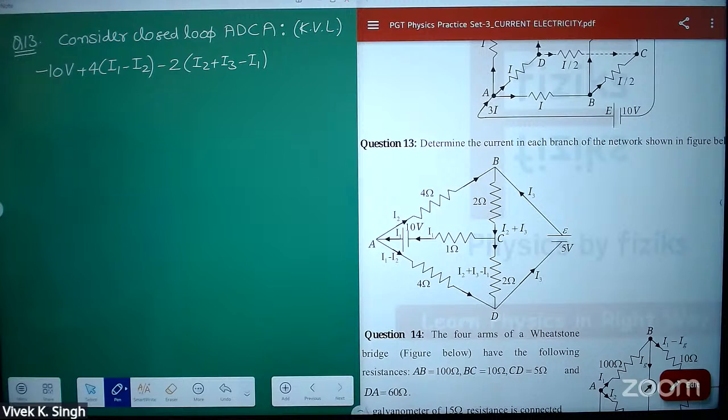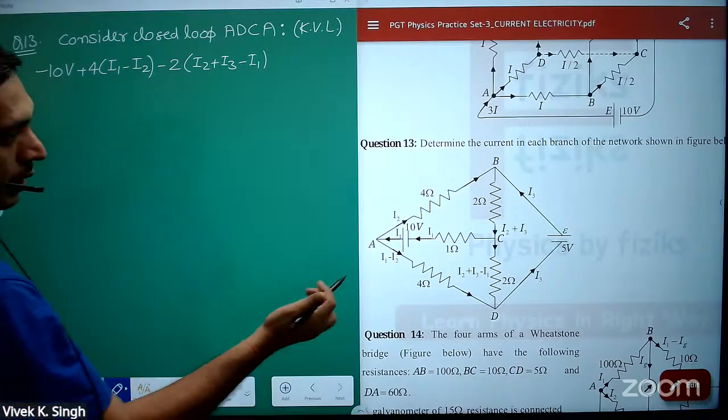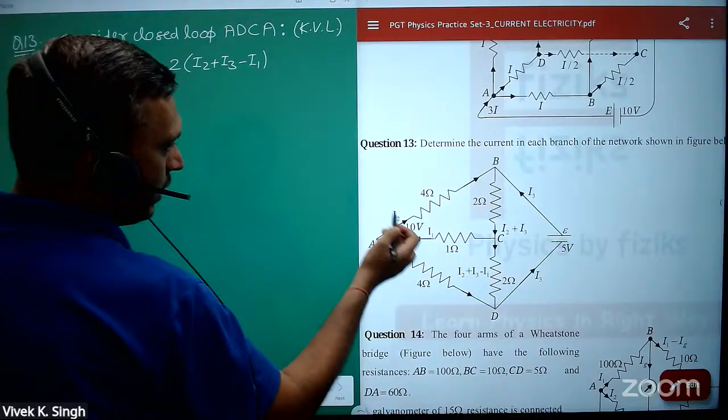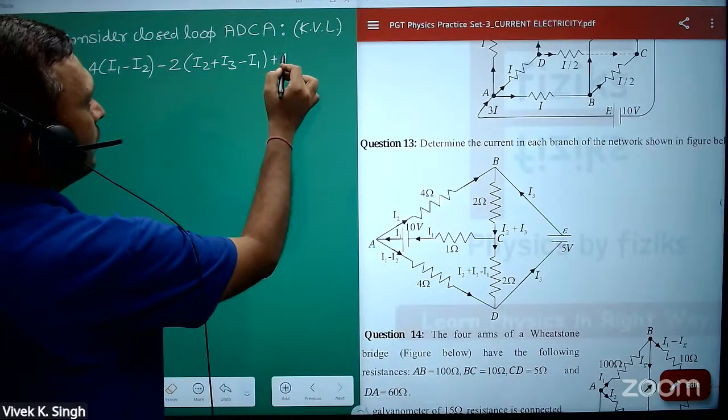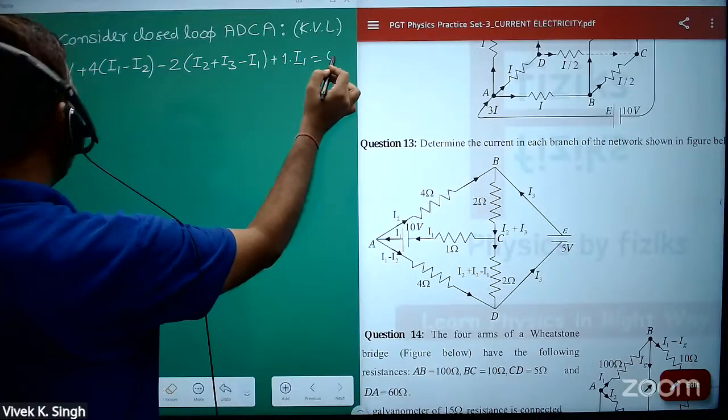And then this value is plus 1 into I1. Plus 1 into I1 is 0.